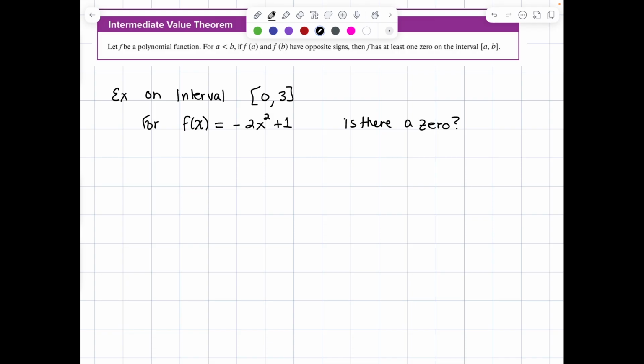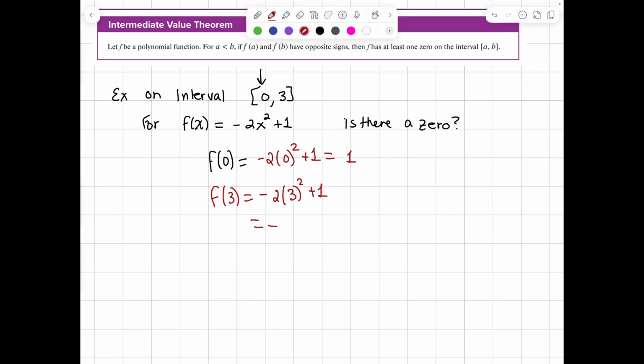Okay, so let's evaluate f of 0. It's a first step. Evaluate the first value. So f of 0 is going to be negative 2 times 0 squared plus 1. I get 1. All right, let's do f of 3. I get negative 2 times 3 squared plus 1.